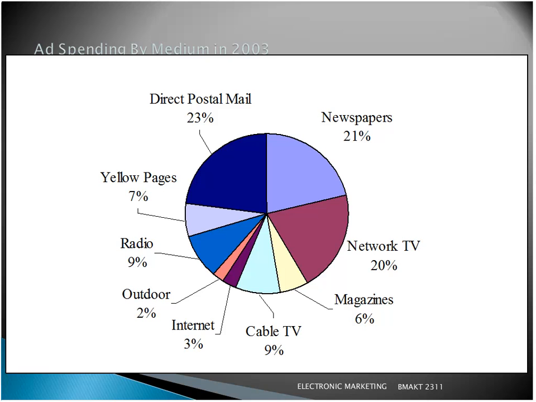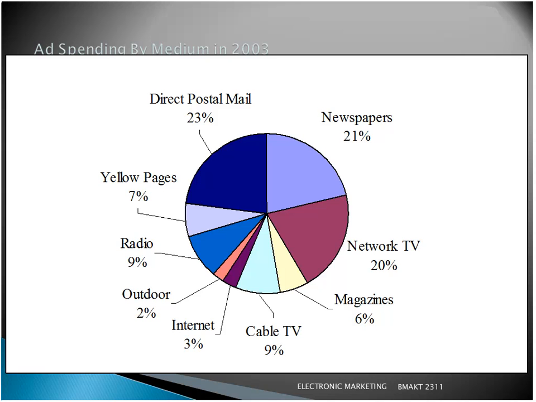Ad spending by Medium in 2003. This is how different companies have spent on different advertising campaigns, and you can see the percentage of each. Direct postal email has the highest, which is 23%.